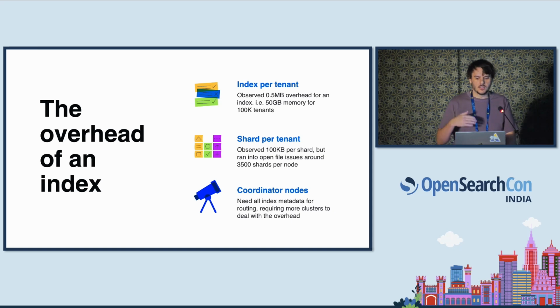Unfortunately, there's a number of overheads that occur as part of an index. We observed from an empty index about 0.5 meg of overhead for each individual index. And if we tried to make use of a shard per tenant, so being smart with how we place data in, to make sure that we aren't having tenants interfere with each other in a shard within an index, we noticed that there was about 100 kilobytes overhead.